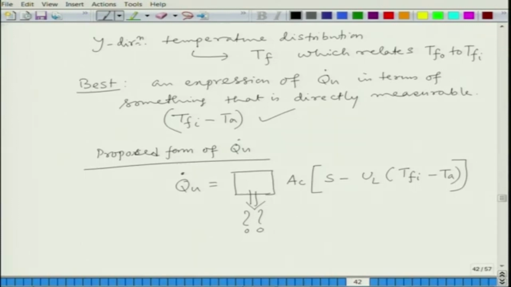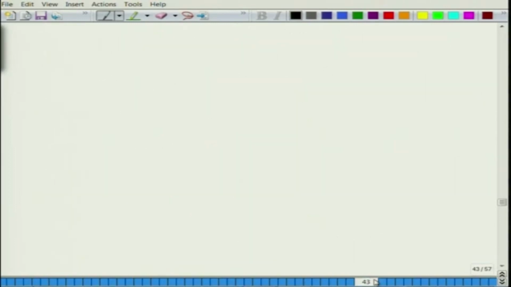Let us say this unknown factor is Fr. We will see why that R, what that R stands for, but let us say for now it is an unknown factor which is Fr.